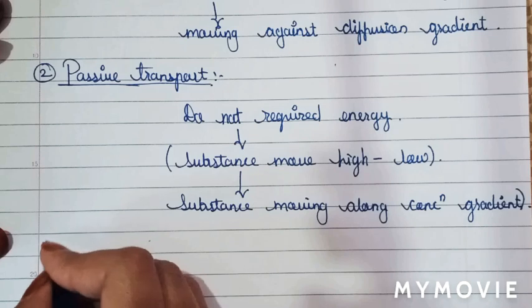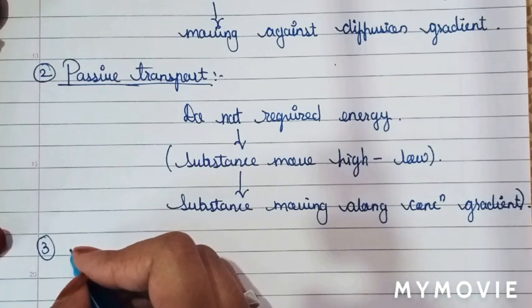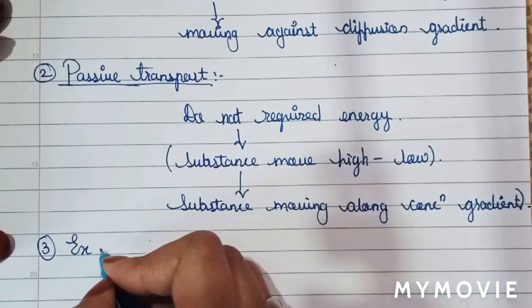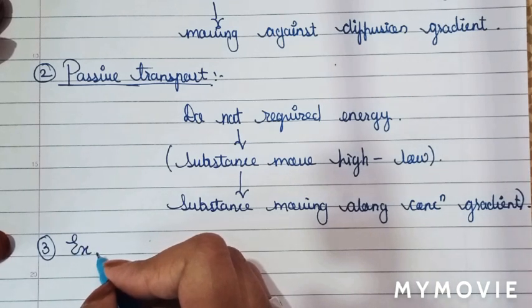Now the third function of the plasma membrane, or the cell membrane, is exocytosis. Exocytosis means what? Exit of substance from the cell.